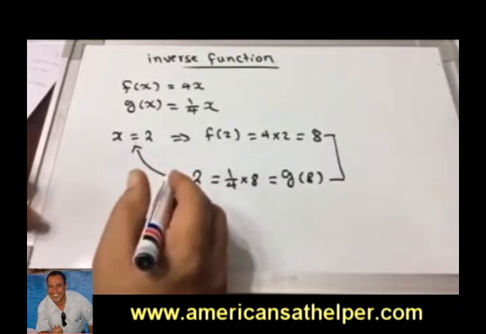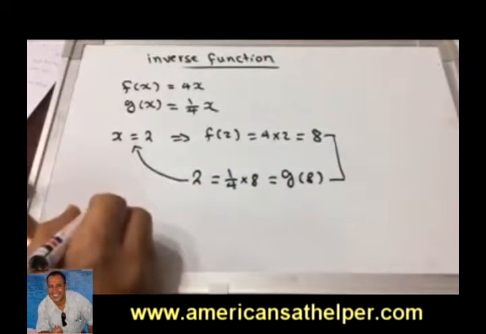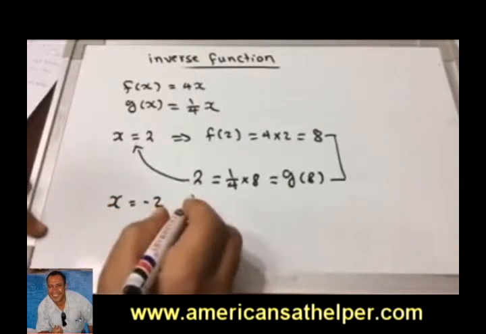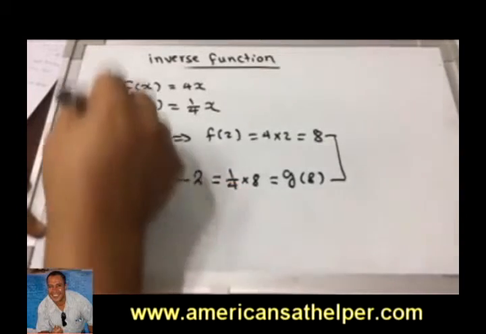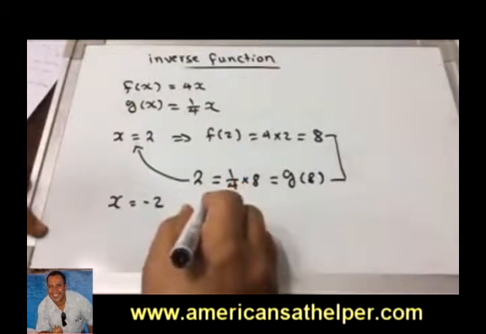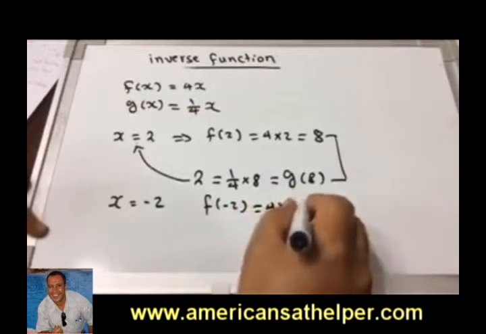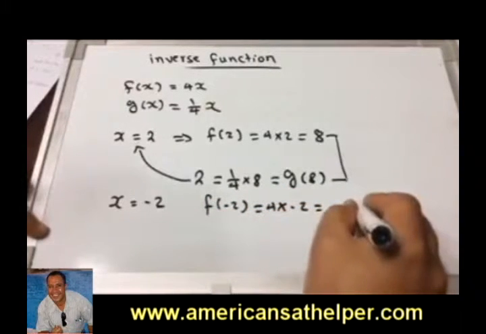One more example. If we put x equals -2 and plug it in the function f of x, so f of -2 equals 4 multiplied by -2, you will get -8.